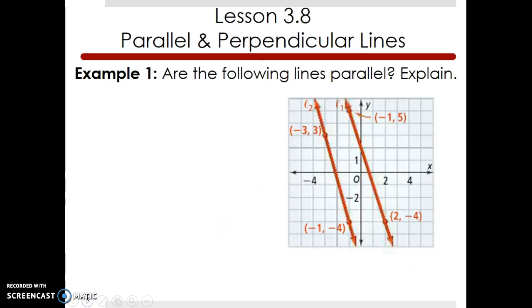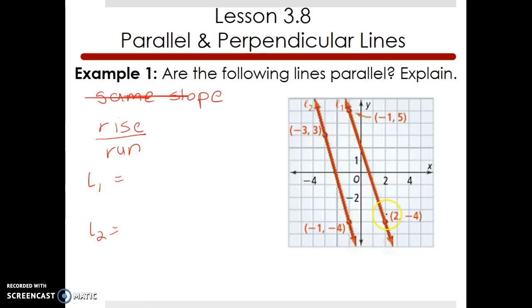So let's try this example. Are the following lines parallel? If it's parallel, they have to have the same slope. So from the graph, if you remember how to find slope using a graph, you have to do rise over run. You have two lines, L1 and L2.